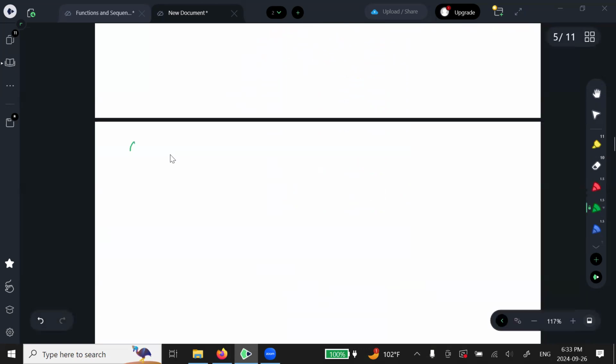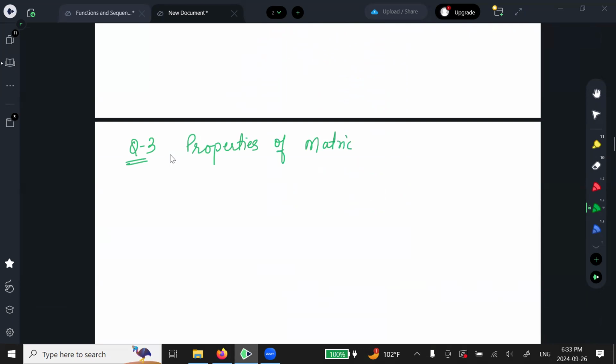So question number 3 will be properties of matrices and scalar multiplications. What happens if I give you a few problems in exams, like simplify 3A plus 3B times something, I multiply by B inverse or something like that.